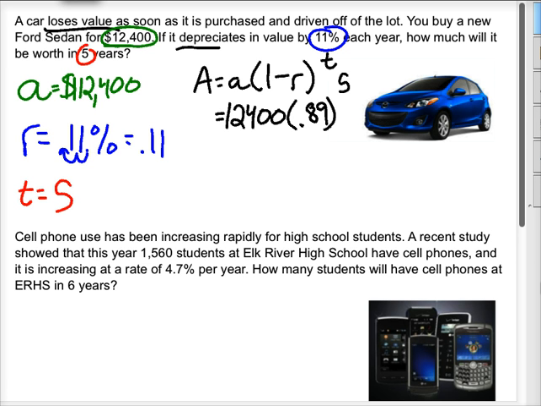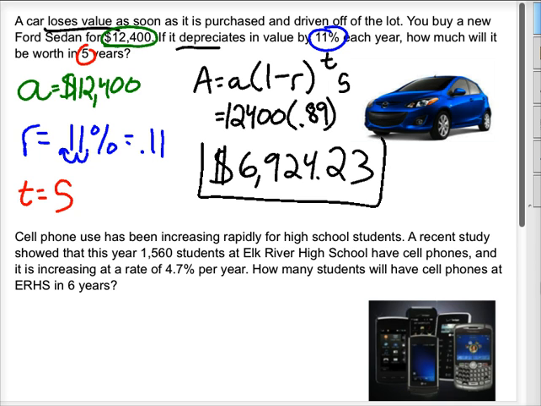Now, if you type it into the calculator exactly as I have written, you're going to get the right answer. So when you type it into the calculator, you should get $6,924.23.